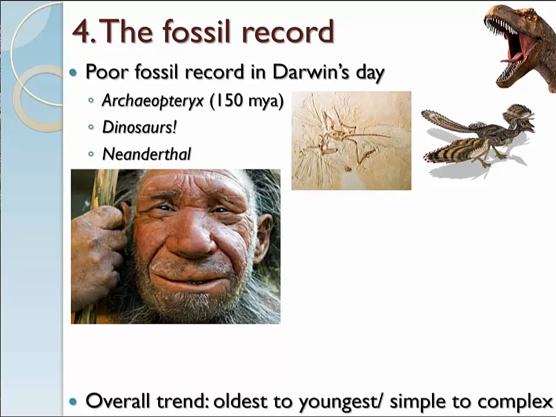And while there are still gaps in the fossil record, we don't know everything for sure, there are a lot of fossils that show evolutionary sequences. For example, whales from land animals to the water creatures that they are today. There's a good fossil record. And there's also a very good fossil record for humans as well, from ape-like creatures to modern humans.